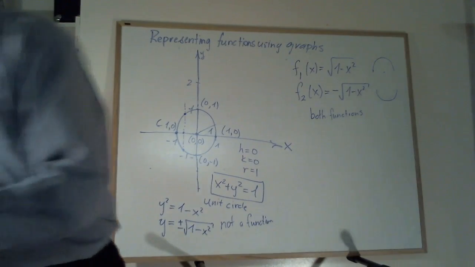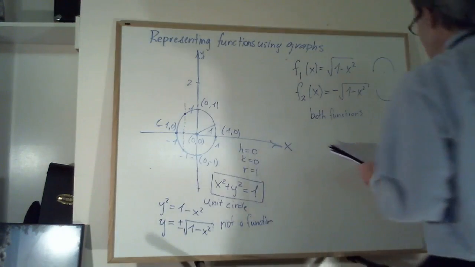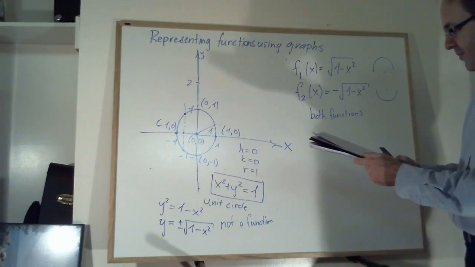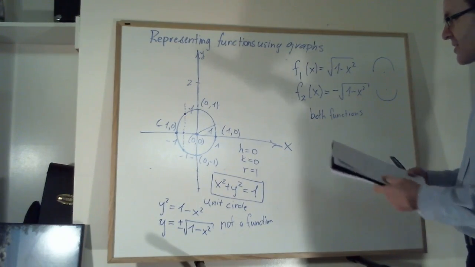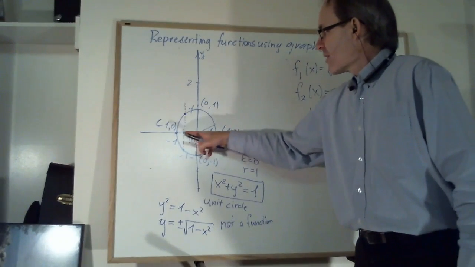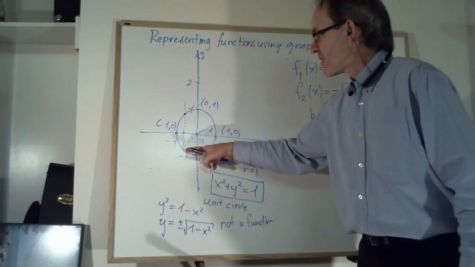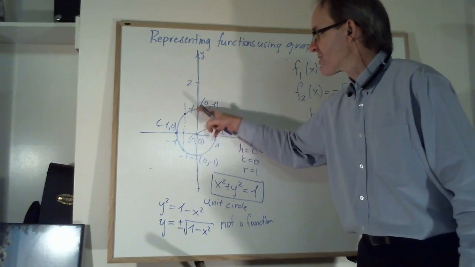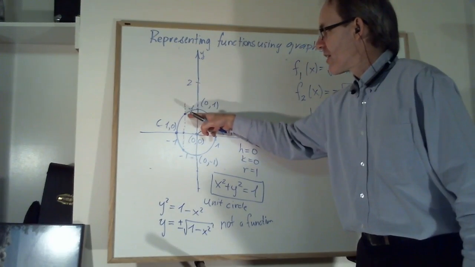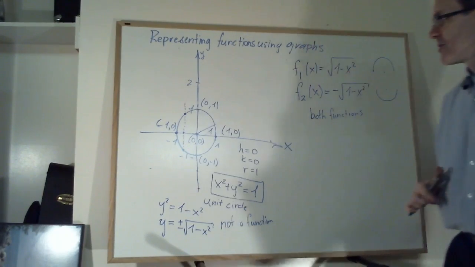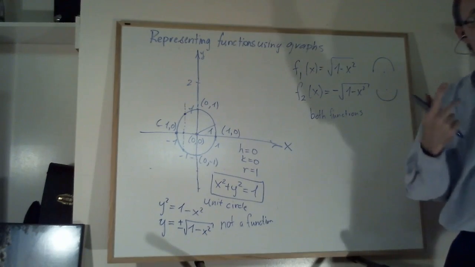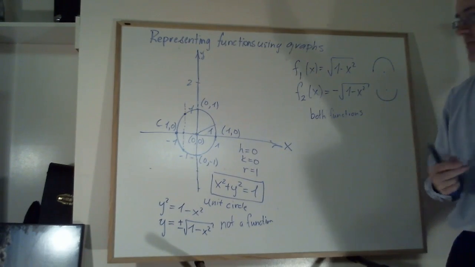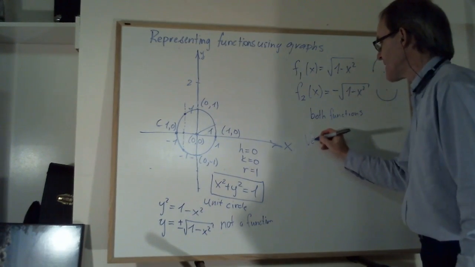All right. Now what I did here was an important thing to note. I drew a vertical line, and I checked that the vertical line crossed the graph in two places, and that told me that it's not a function. So that's called a vertical line test.